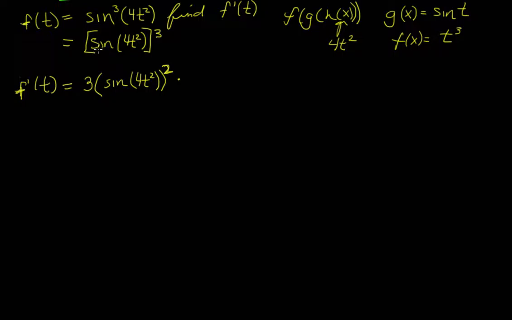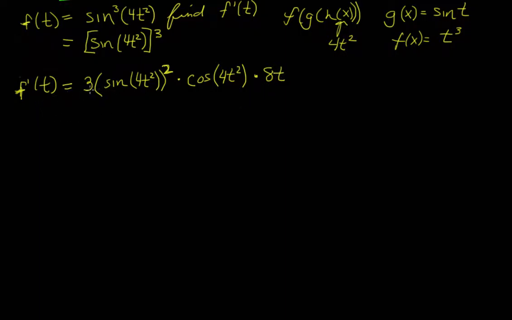Then we look at sine of 4t squared and take its derivative. My outer function is sine, so the derivative is cosine, and I keep my inside the same: cosine of 4t squared. And now we're finally at 4t squared. That's my last piece, and the derivative of 4t squared is 8t.